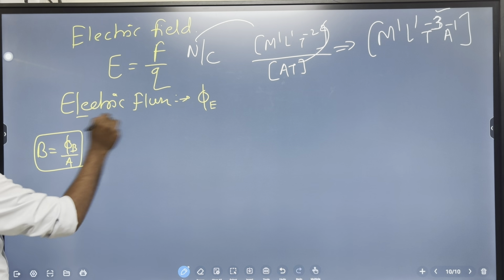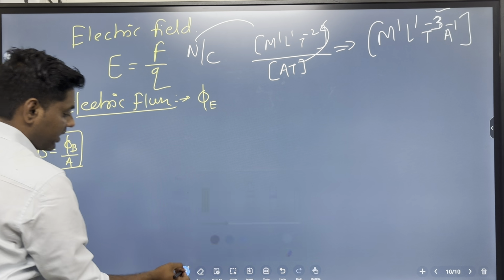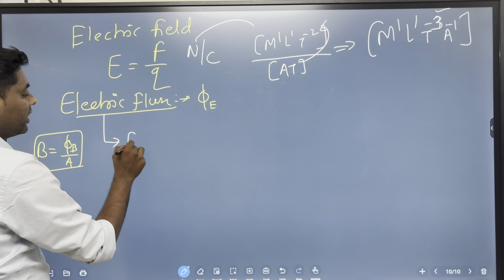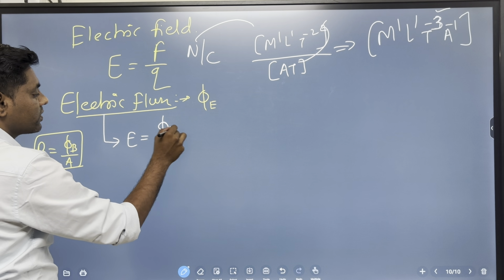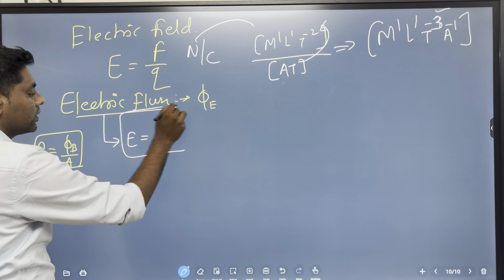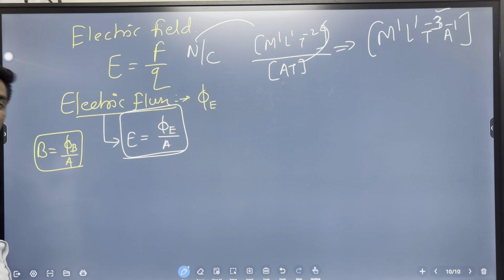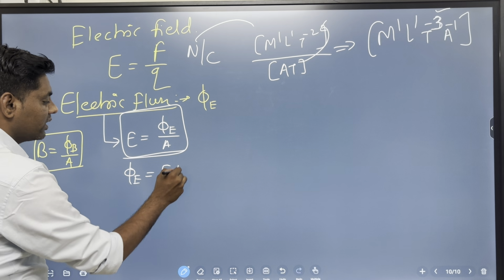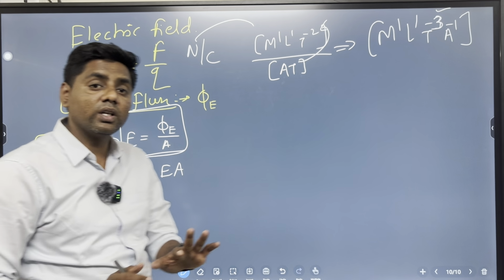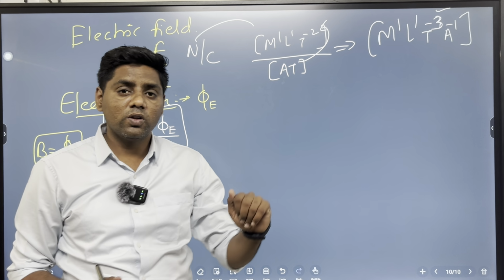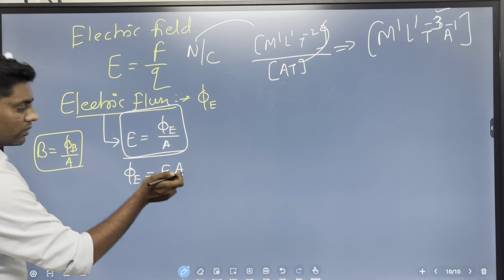So similarly, we can write down the formula for electric flux, that is E equal to electric flux divided by area. Very simple. So electric flux is nothing but the product of electric field multiplied by area, or most importantly, you can remember Gauss law also.